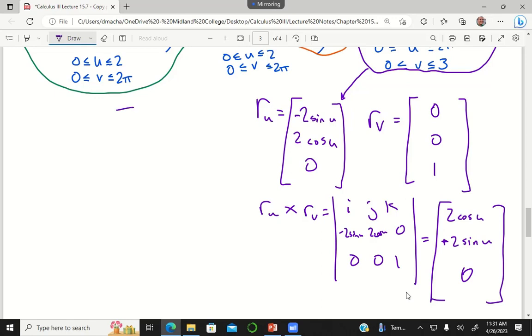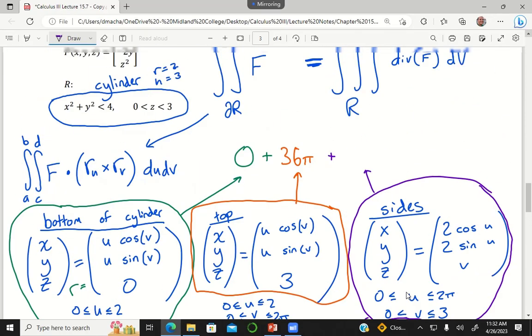So I don't actually care what the last entry of F is. I know it's z squared, but that honestly doesn't matter because I'm about to do the dot product and it's going to be multiplied times 0. So who cares that that is z squared? But the first entries are what? 2x and negative 2y? Let me verify again.